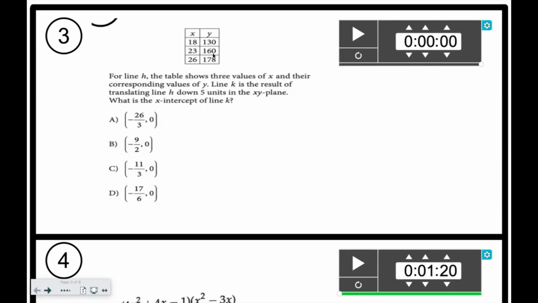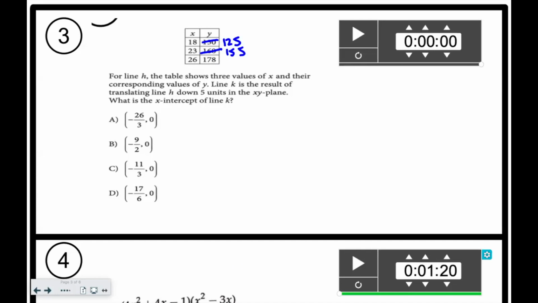So I'm just going to focus on the first 2. And what happens is this is line H, and line K translates it down 5 units. So when I use the table, I'm going to use 125 here and 155 here. Obviously, this one will go down as well, but I only need 2 points. And then I'm just going to find the x-intercept.